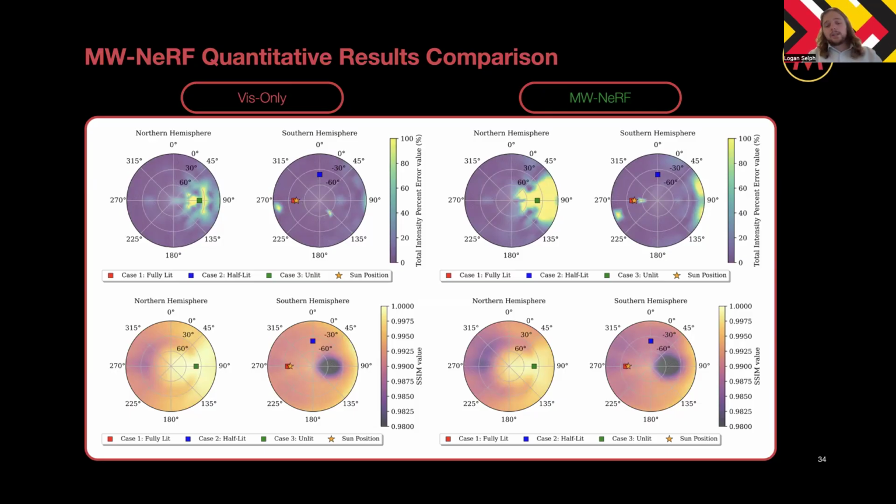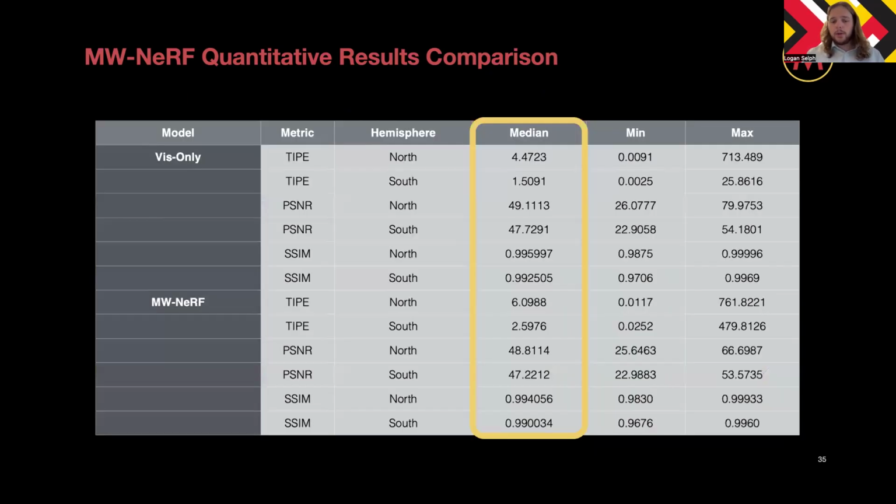Fortunately, when we check out the SSIM results, it tells sort of a different story. The brightest parts are in the unlit regions, or at least the brightest parts corresponding to the metric performance, meaning that the SSIM is telling us that the most structurally similar parts are in the shadowed regions, sort of reinforcing that the percent error is showing us outliers between some of the illuminated parts that should not be in dark regions, but by and large, the performance there is still good and they still look structurally similar.